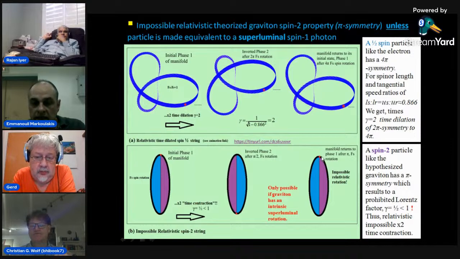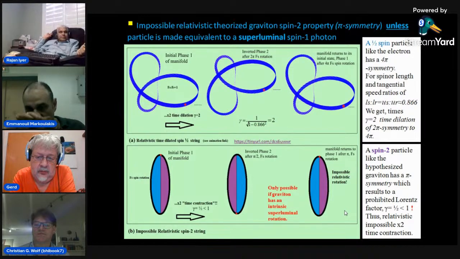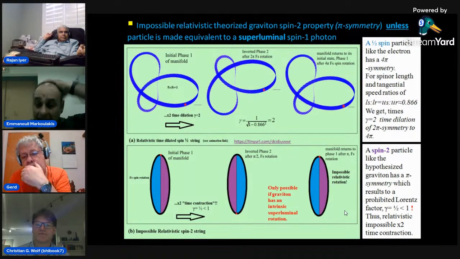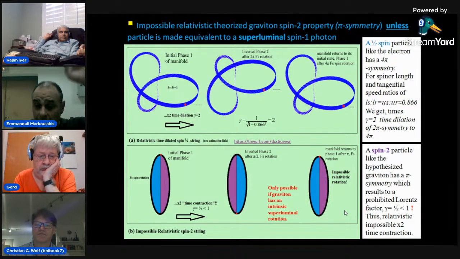It means that it makes a 2 pi rotation by traversing only the half circle, pi. It's making a 2 pi rotation at pi. So this is a relativistic possibility. At least in special relativity, it's impossible, unless the particle is superluminal, because superluminality actually allows this kind of behavior.